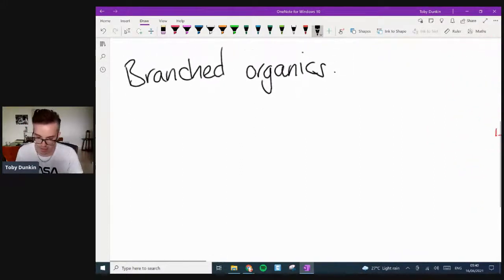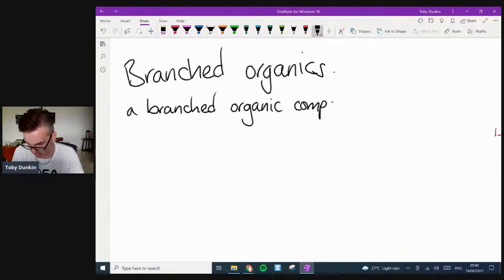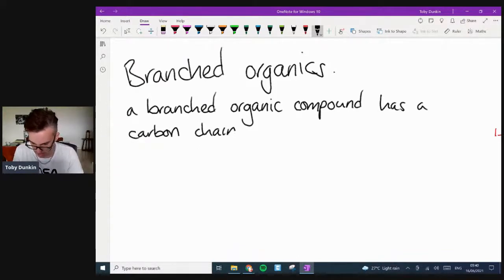So a branched organic compound has a carbon chain attached, I want to say in the middle, but technically it's not really a good word, but it does kind of make sense.